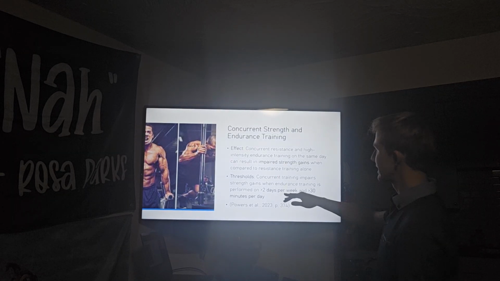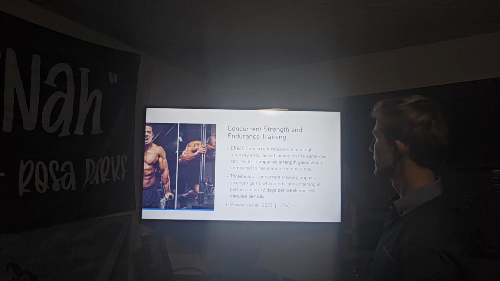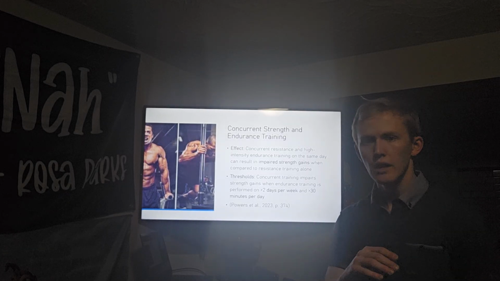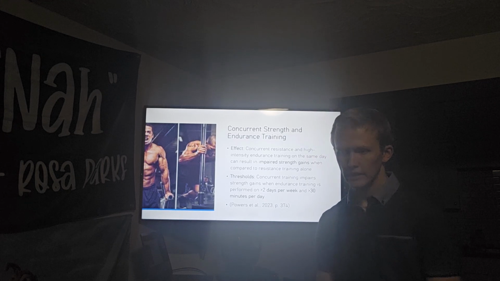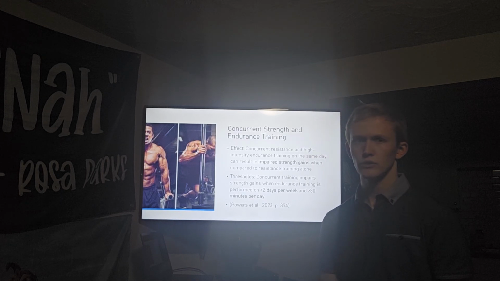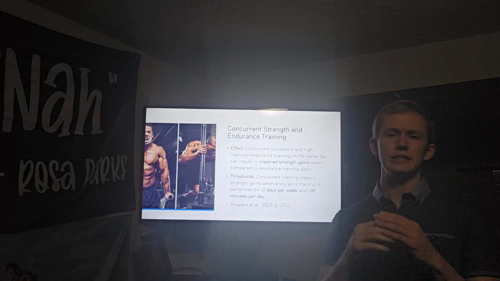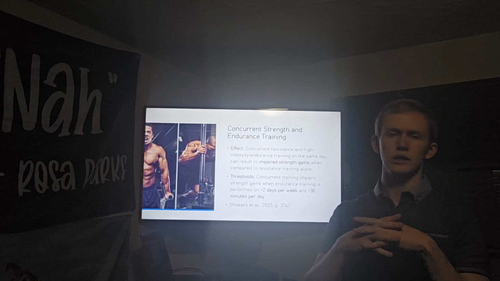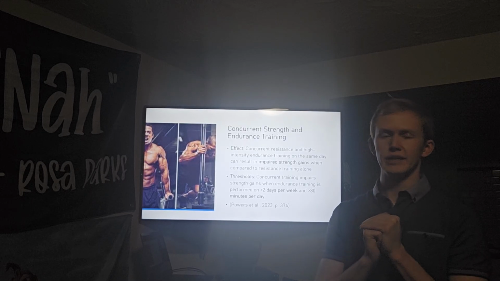Concurrent training impairs strength gains when endurance training is performed more than 2 days per week and more than 30 minutes per day. So if you include endurance training in your strength training, you'd probably see a decrease in your strength results or capacity.